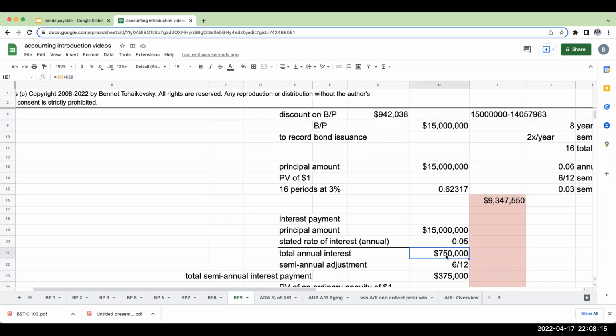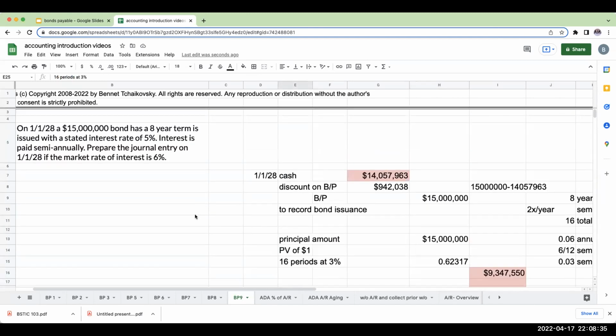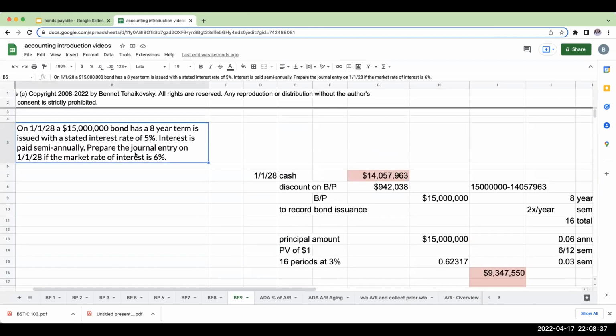But because I'm paying interest twice per year, I'm going to have to figure out the annual amount first with the rates provided in the problem, and multiply that by 6/12. I'm going to get that semi-annual interest payment. Then when it comes to the present value, I have to make sure that I'm using how many times interest is being paid. It's an 8-year bond paying interest twice per year. I also have to adjust the market rate of interest because this is an annual rate of interest, so I have to multiply this by 6/12.